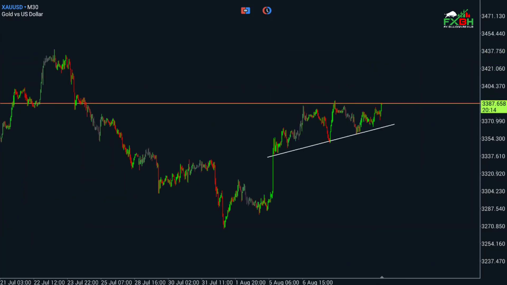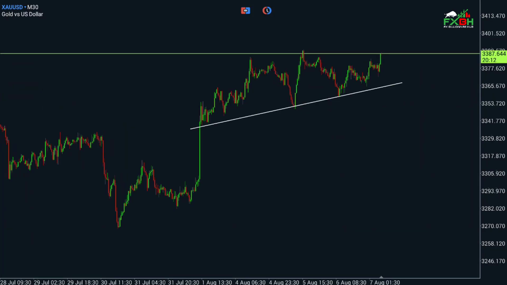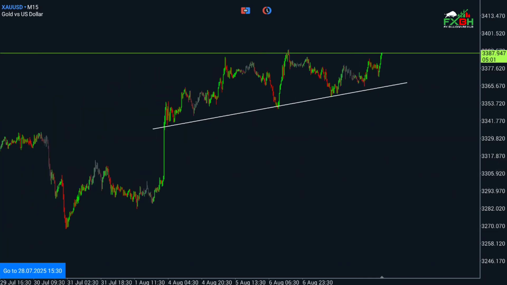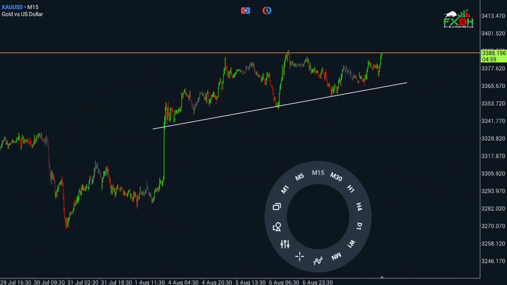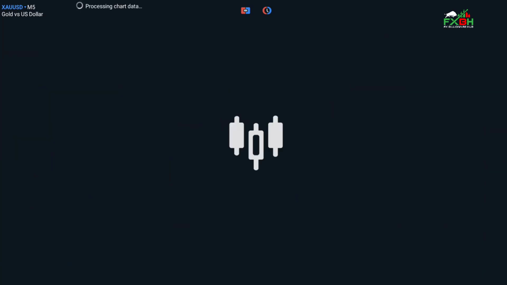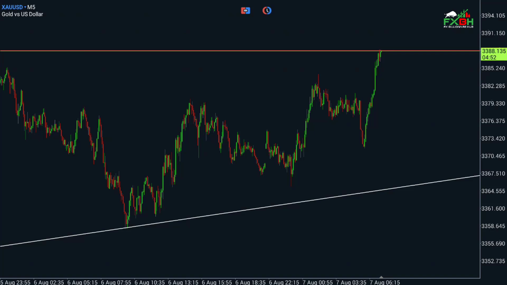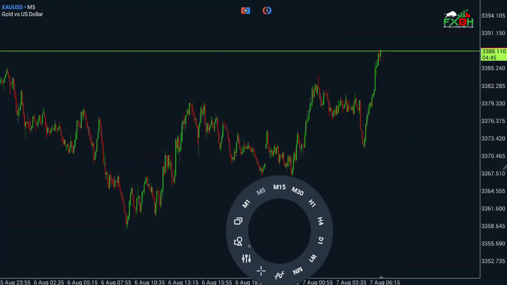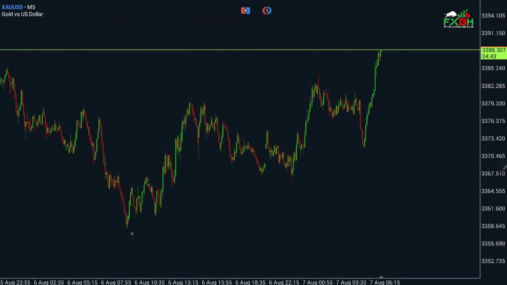And as you can see, if I want to see the 30-minute movement, there is an engulfing confirmation to go buy, and the market is just trying to recreate a bullish movement. And if I want to see the M15 time frame for our next entry, there is no entry right now. If I go to the M5 time frame, let's remove the H1 time frame trend line and redraw this again.